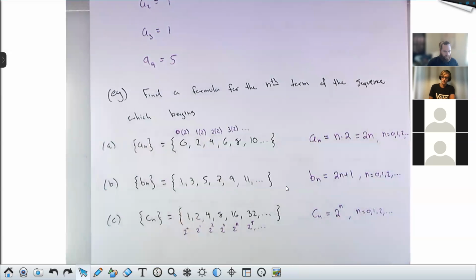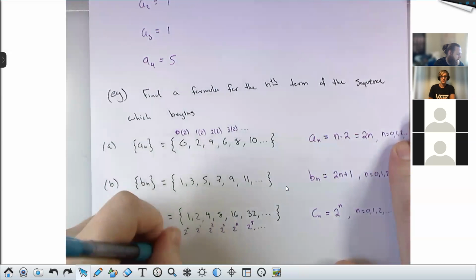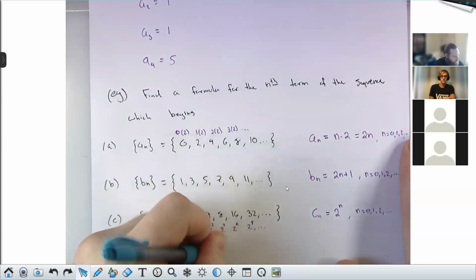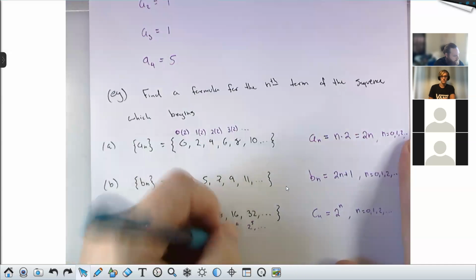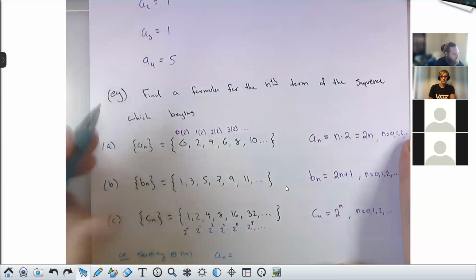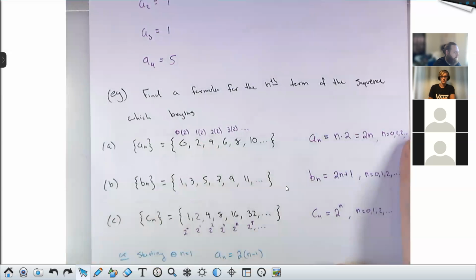And then the little note is just that each of these could be written starting at 1 if we wanted, right? If we started at 1, then for b_n, I have to shift everything down by 1.